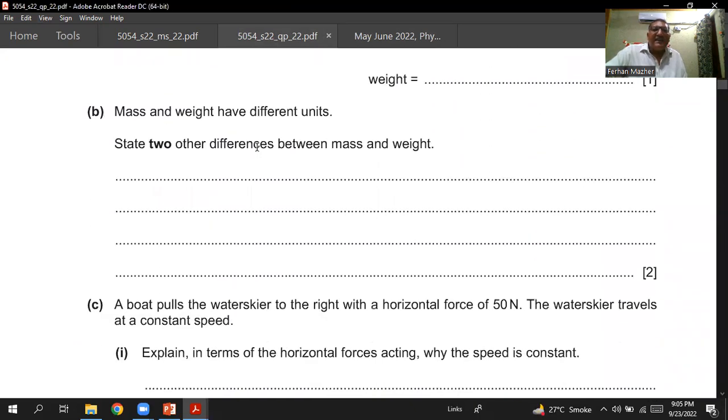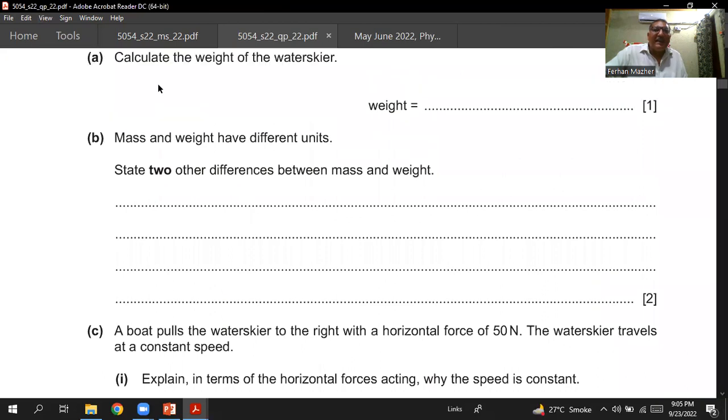The next thing they are asking is: mass and weight have different units, state two other differences between mass and weight. Mass and weight are two different things. Mass is a scalar quantity, whereas weight is a vector quantity. Mass remains constant if you change the location.